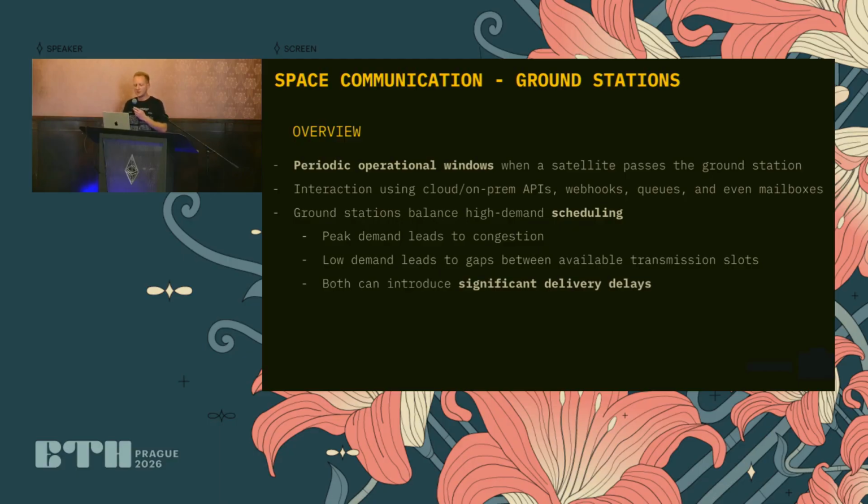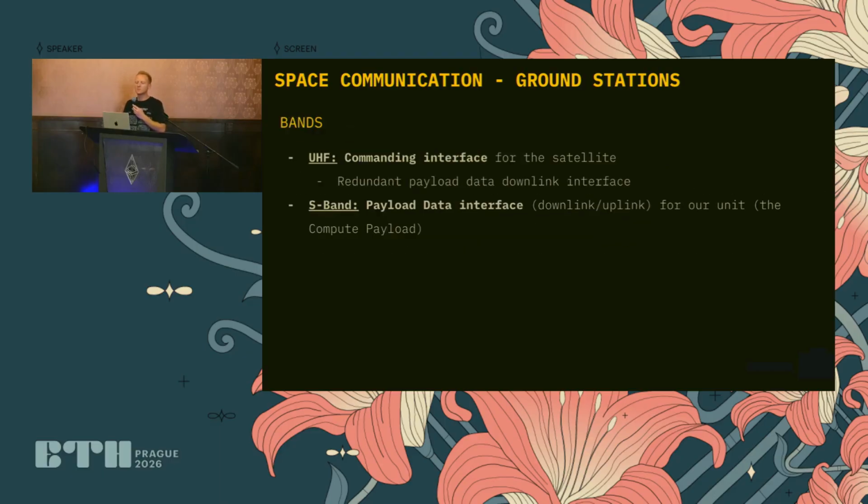The issue with that is that on peak demand, we have too many requests going on. With low demand, if they don't fill enough slots, they don't send any packet. And the bottom line is that we would have delivery delays for sure.